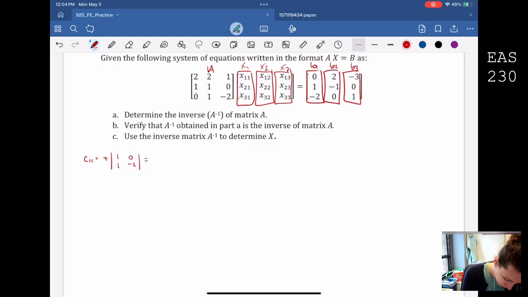This cofactor. C1,2. Remove the row, remove the column. Write my remaining elements. C1,3. Remove the row, remove the column. Write my remaining elements. And then I just find my pattern and keep going.